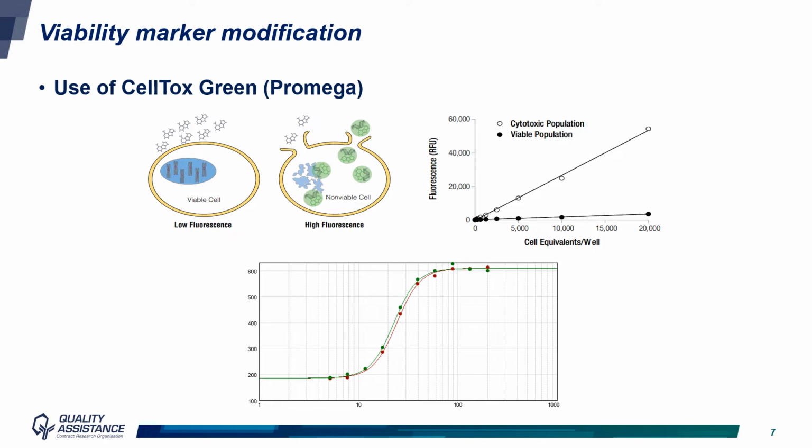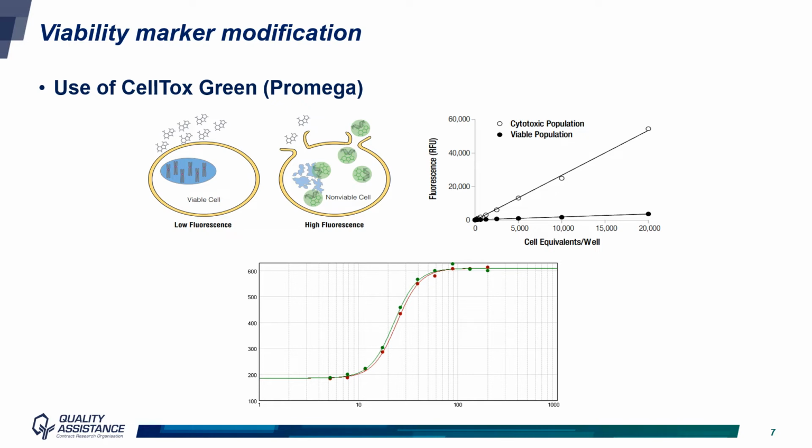The assay was therefore modified using CellTox Green dye, which specifically measures the cytotoxicity and not the cell metabolism. The CellTox Green cytotoxicity assay measures the changes in membrane integrity that occur as a result of cell death. The assay system uses a proprietary asymmetric cyanine dye that is excluded from viable cells but preferentially stains the DNA from dead cells.